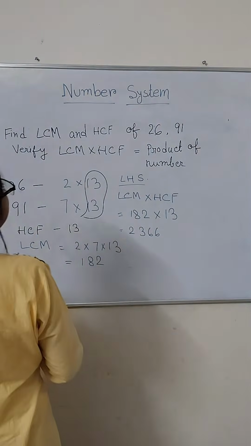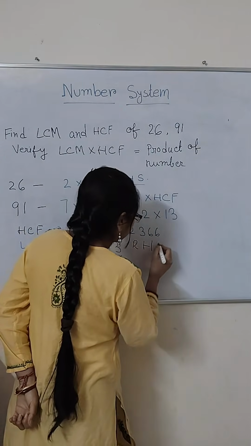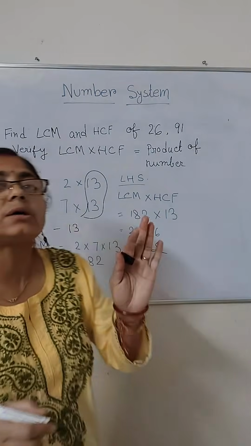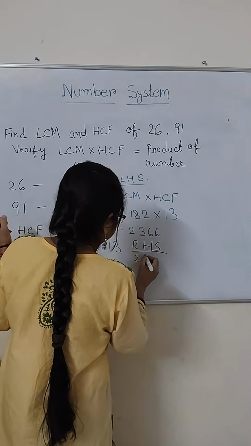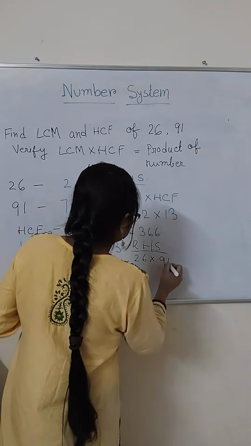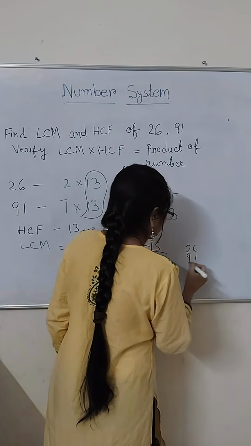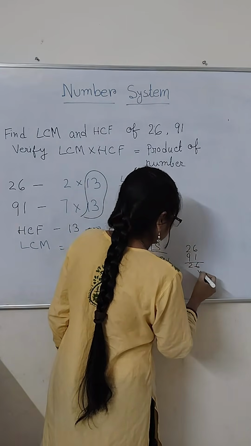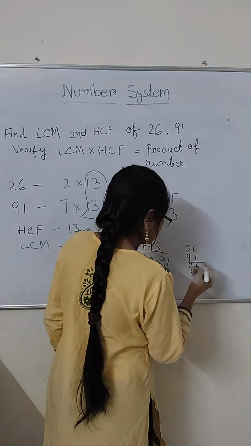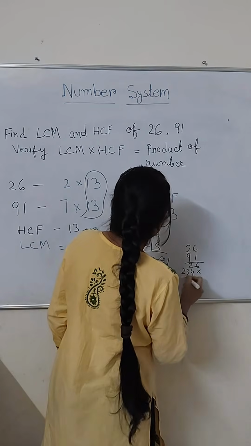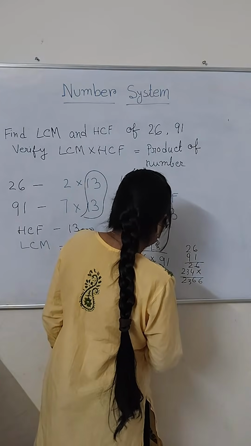Then I complete the right hand side. What is the right hand side? Right hand side is the product of the numbers. Our numbers are 26 into 91. You just multiply it. 2366.